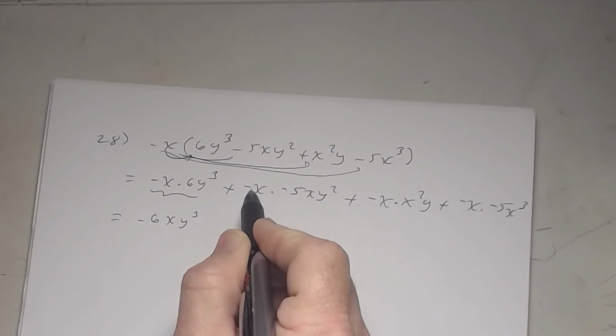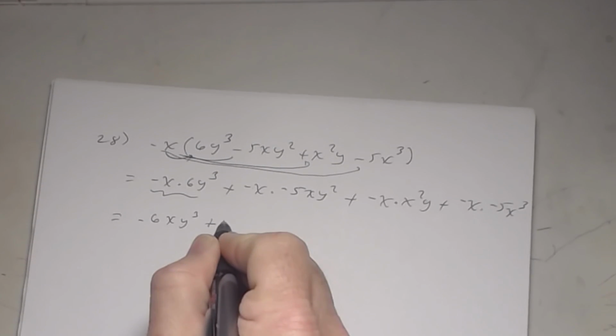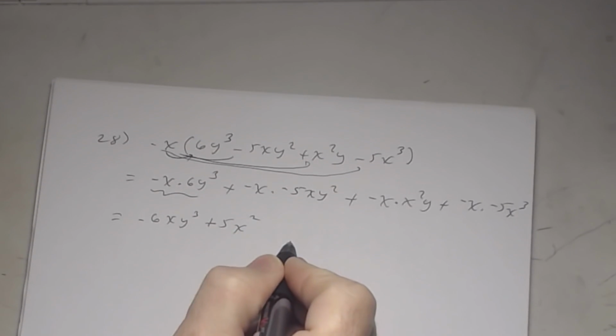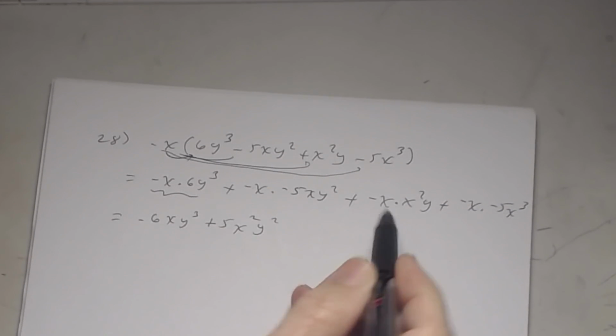Negative 1. So what's a negative 1 times a negative 5? You're going to write plus 5, whatever the variables are. Let's write the x first. 5 what? X squared, because x to the first times x to the first is x to the second. And then the y factor? Y squared.